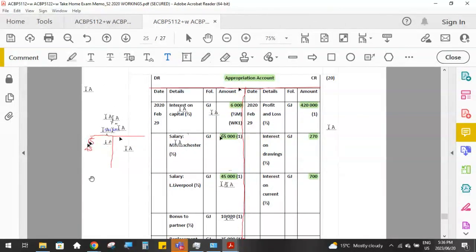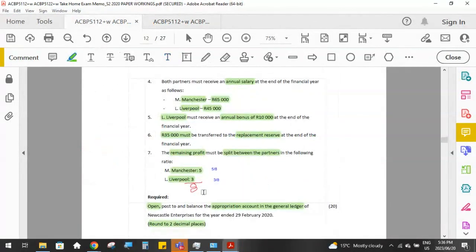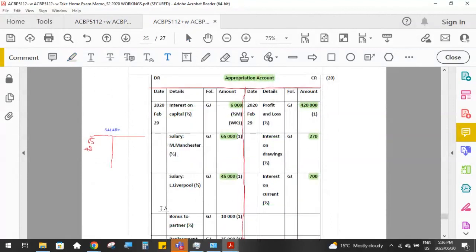The same thing with the bonus. Bonus to partner. Only one of the partners is getting a bonus. Only Mr. Liverpool must get a bonus of 10,000 Rand. There would be a bonus expense account that was created when we physically paid the cash of the bonus.